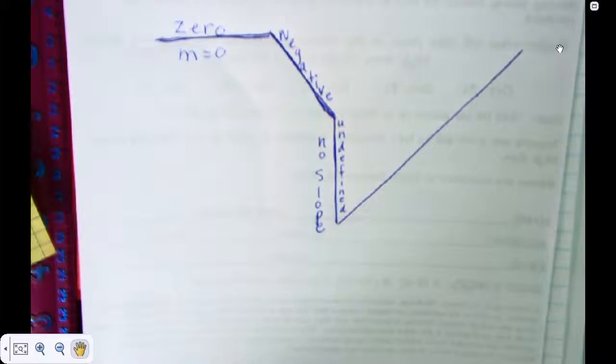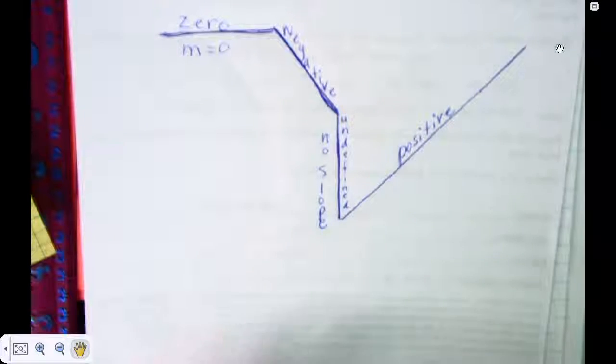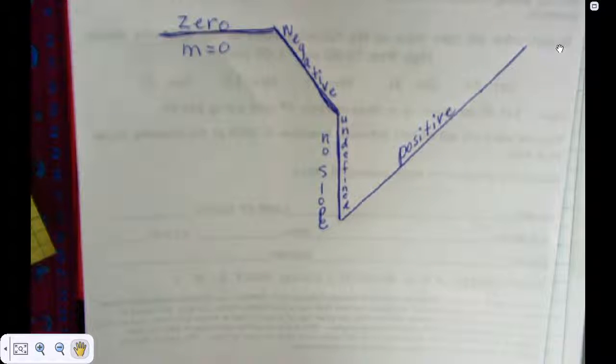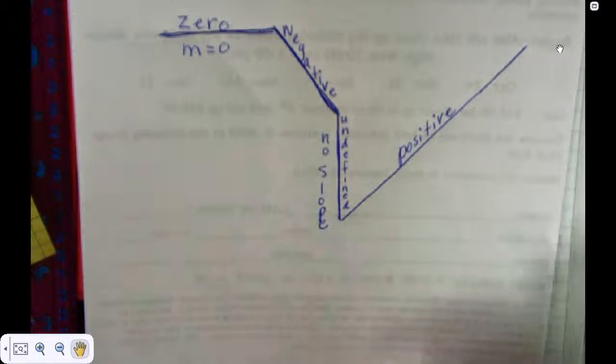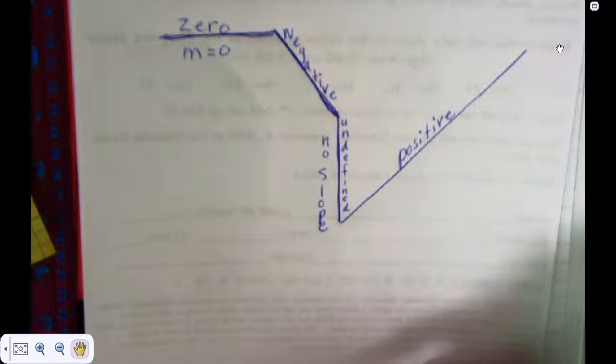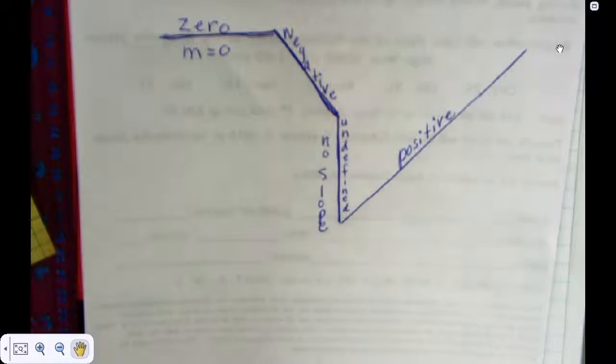There's no slope. Now, what slope is this? Why? Good job. Are there any questions on this?